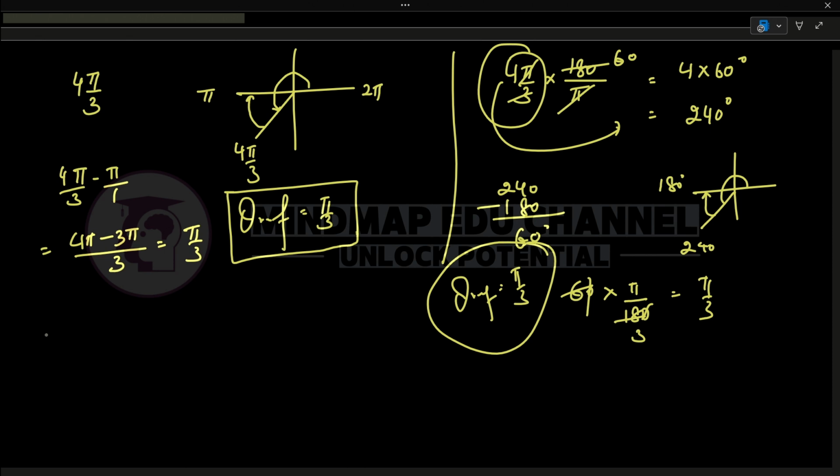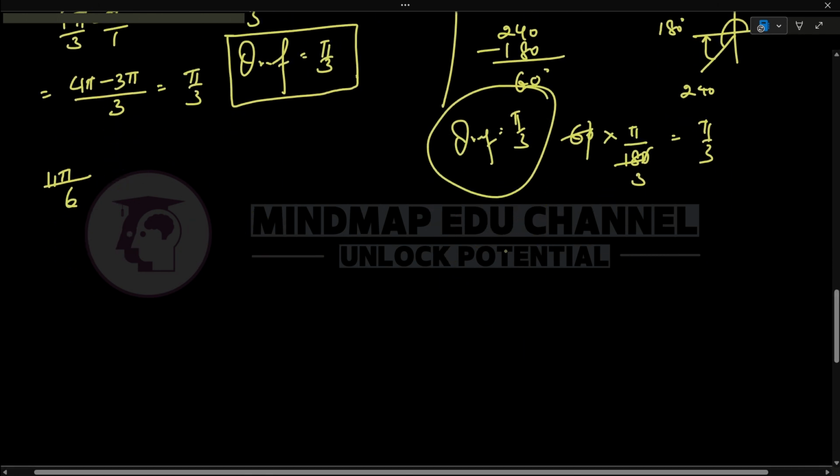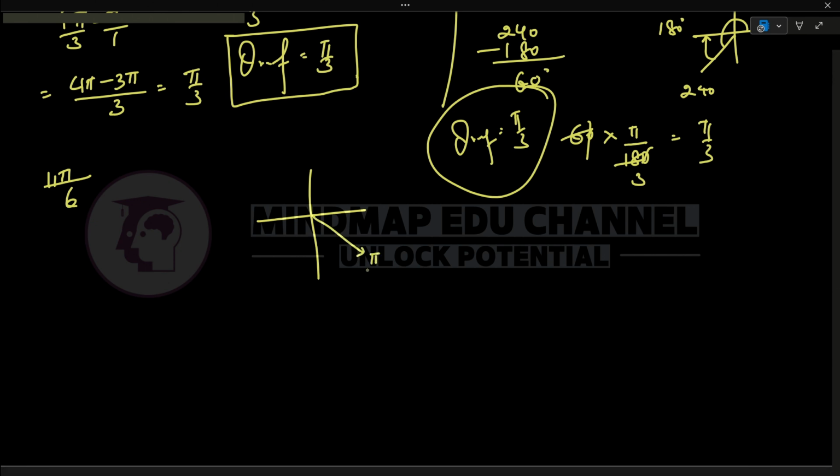Let's see an example, 11 pi over 6. Now, 11 pi over 6, which quadrant does it fall in? It falls in the fourth quadrant. So this is the angle. And now you see it's pi, it's 2 pi.